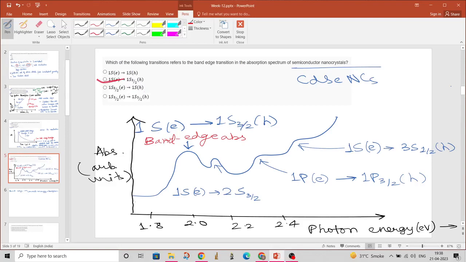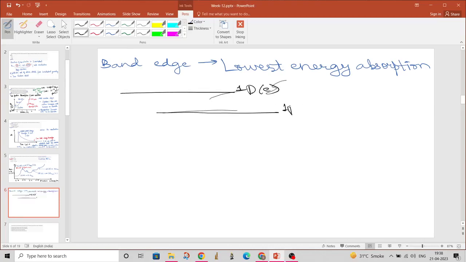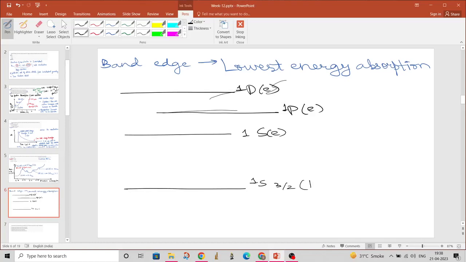Okay. If I draw the energy levels, we start from the 1DE, 1PE, and here is 1SE, and here it will be the band edge, that is 1S 3/2 holes. This part is the conduction band part, and this is the valence band part.